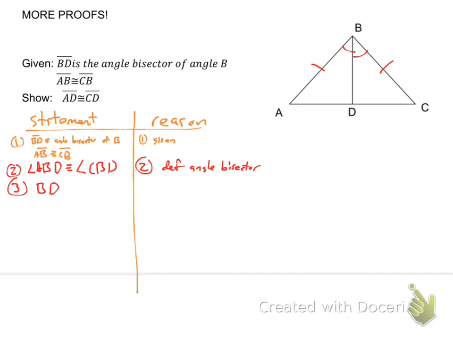BD. BD is congruent to BD. Reason? Reflexive property. Remember, reflexive property means something is congruent to itself.